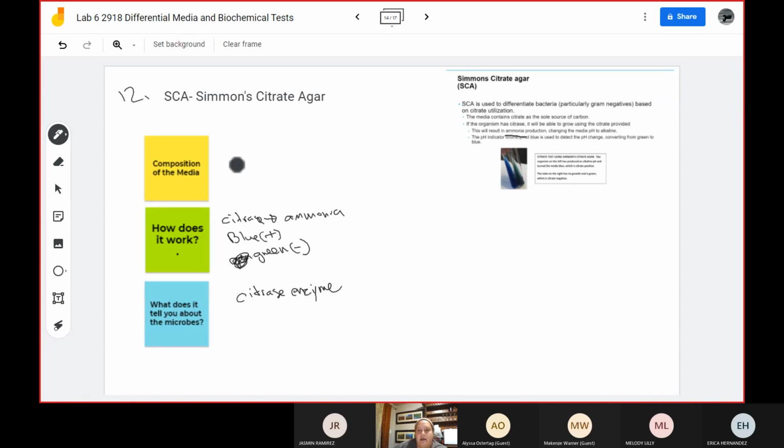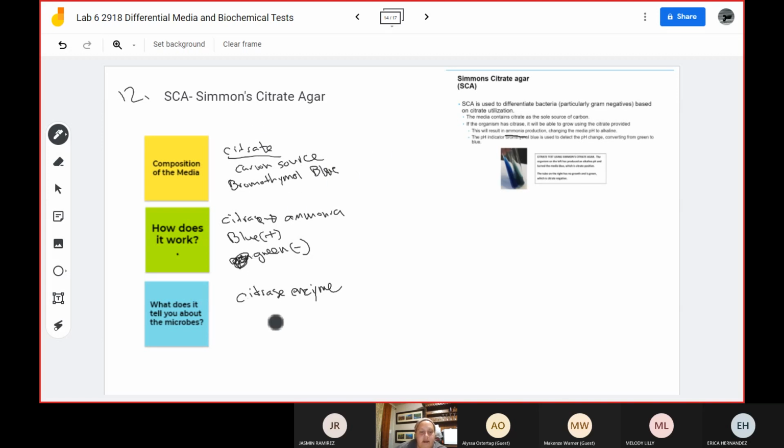So the media itself has citrate as the source of carbon, and it has this bromothymol blue indicator dye.